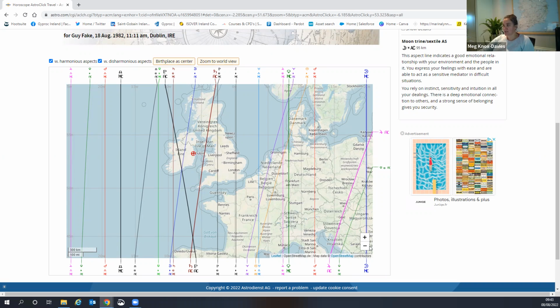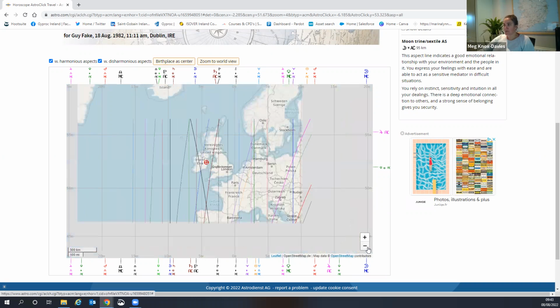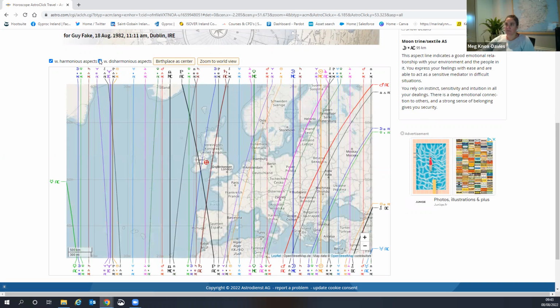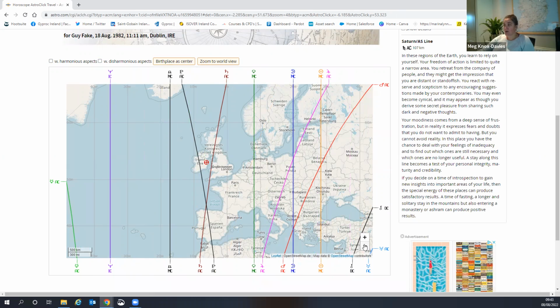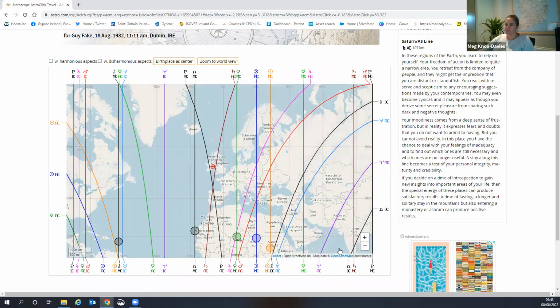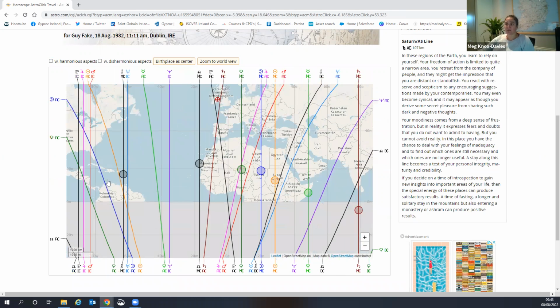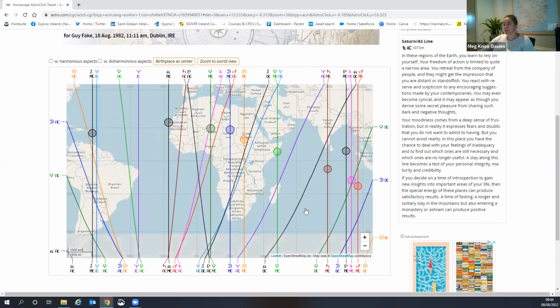Now, the little dots that people often focus on are called zeniths, and they are bubbles of concentrated energy. And very often these actually signify where the planets were at the time of your birth. And very often they are going to be in water, not accessible to people to visit or to travel to.